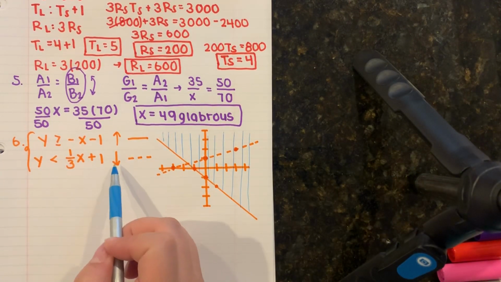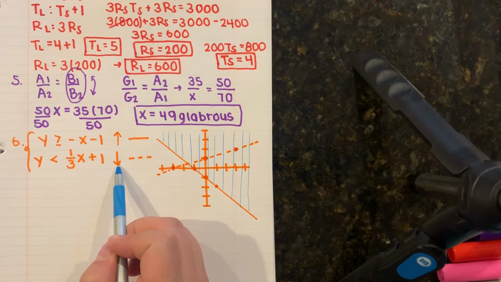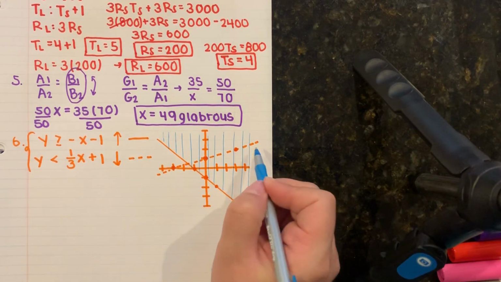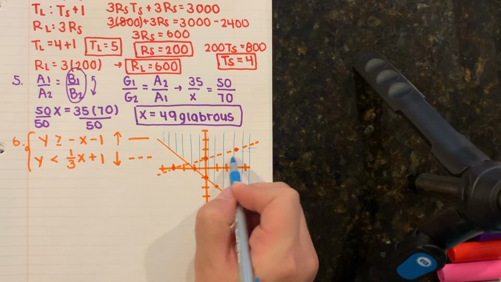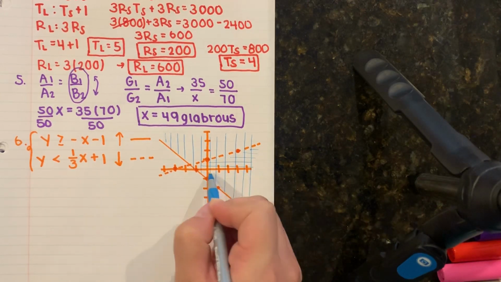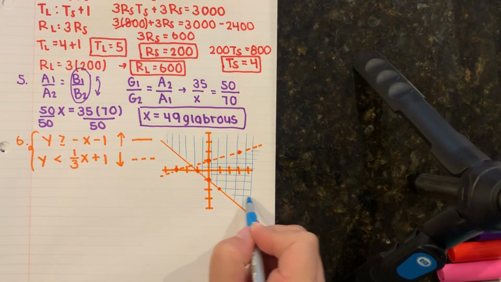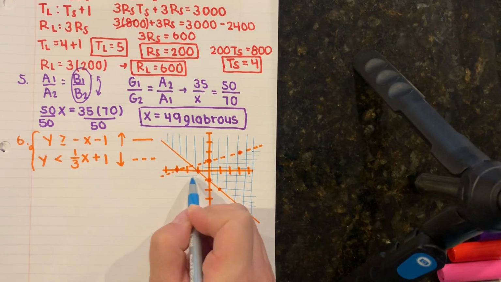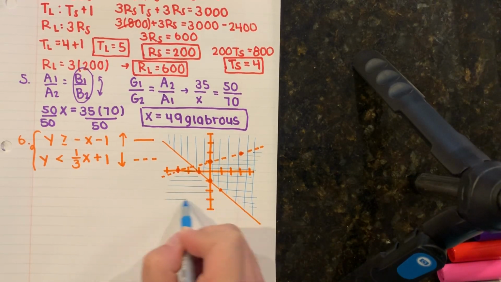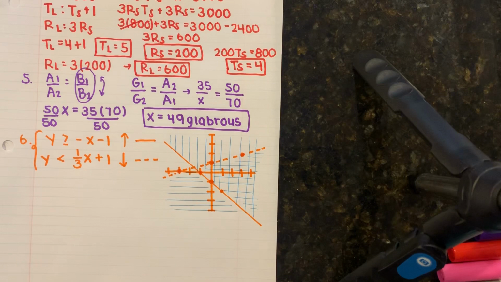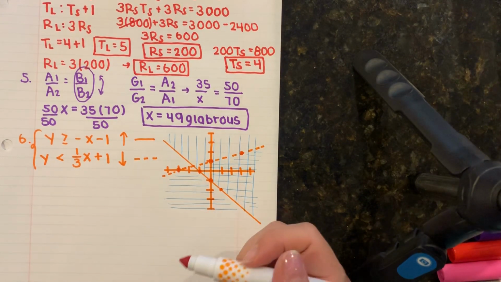Then for my second one, I'm going to shade everything below the dotted line. So everything below the dotted line would be all of this region.